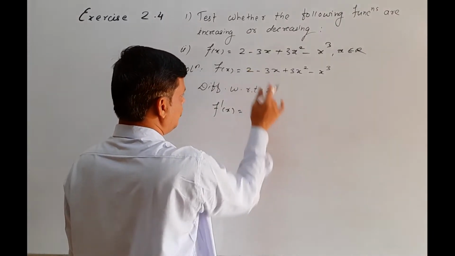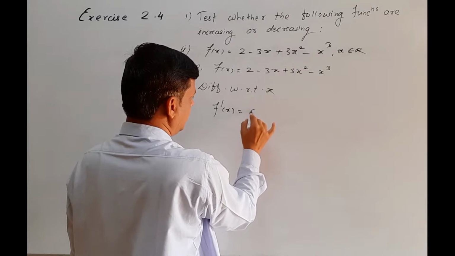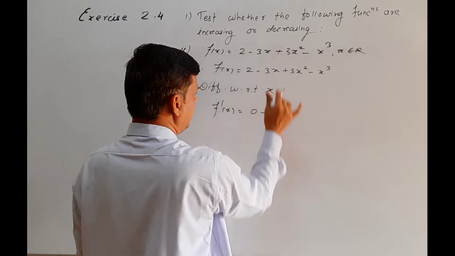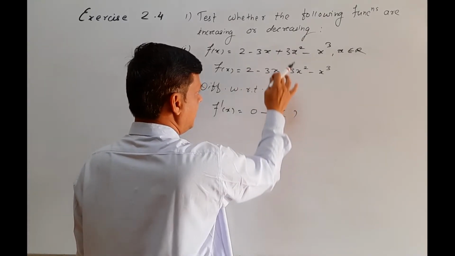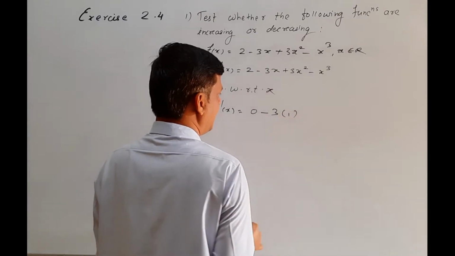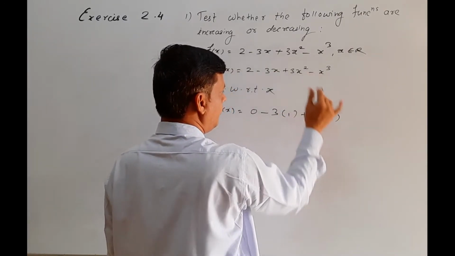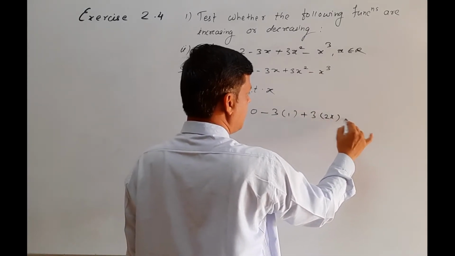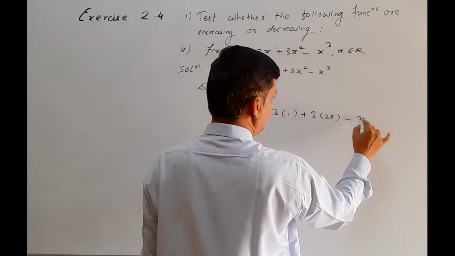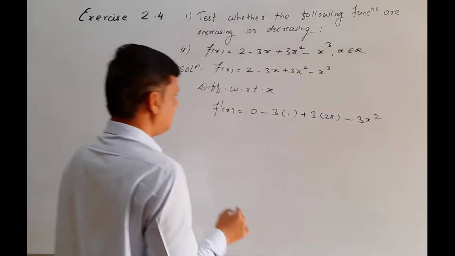The derivative of 2, a single constant, is 0, minus the derivative of 3x, which is 3 into 1, plus 3 into the derivative of x square, which is 2x, minus the derivative of x cube, which is 3x square.